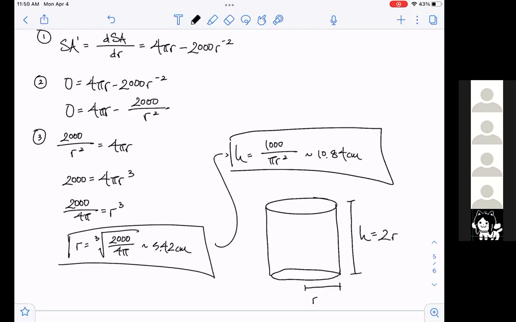That will give you the least amount of material, right? I know we did this for a specific number, but it turns out this is true for any volume. You'll end up with the radius, and then the height will be 2 times that radius. And that will give you the least amount of material. Okay.